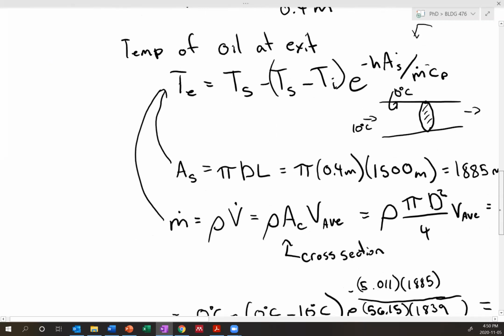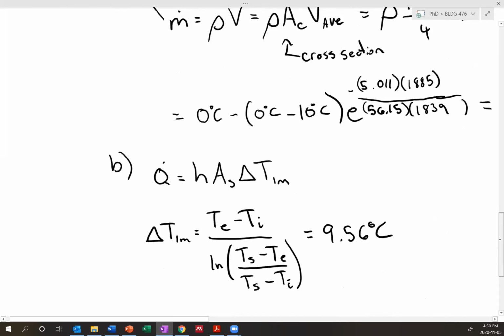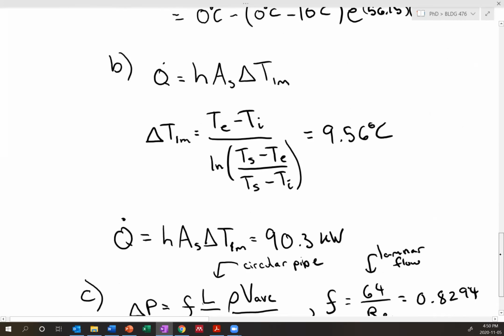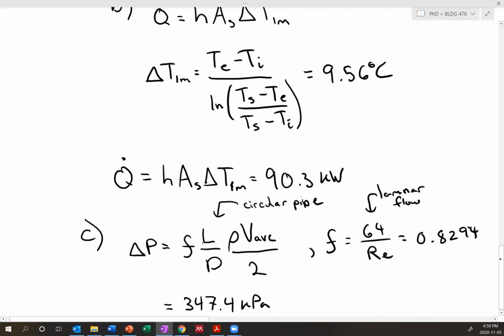And then we found, again, our log mean temperature difference specific to fluid flowing through a pipe. And using that, we were able to determine our heat loss. So that's a lot, but any questions about that now?